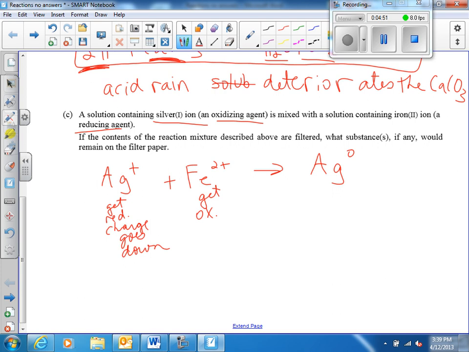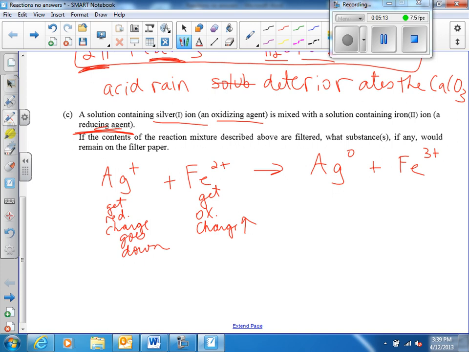And to get oxidized, it's a reducing agent, so reducing agents get oxidized. So that means the charge goes up, and the only other charge for iron that I know of is 3. If you're trying to pick a charge, just pick something that makes the iron increase.